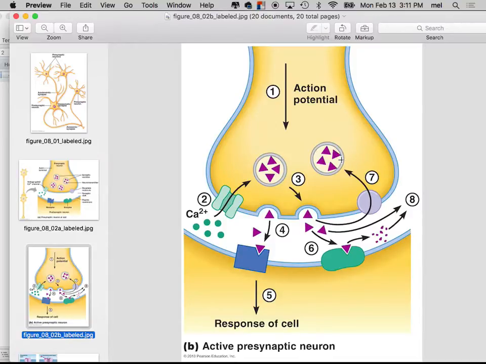Because you released it once, but you use it 10 times. So what happens with SSRIs, selective serotonin reuptake inhibitors, is that for every serotonin release, you inhibit the reuptake right here at 7, and you let it stay in the synapse longer. And you get a relief from the symptoms of depression and anxiety, if your depression and anxiety was serotonin related.